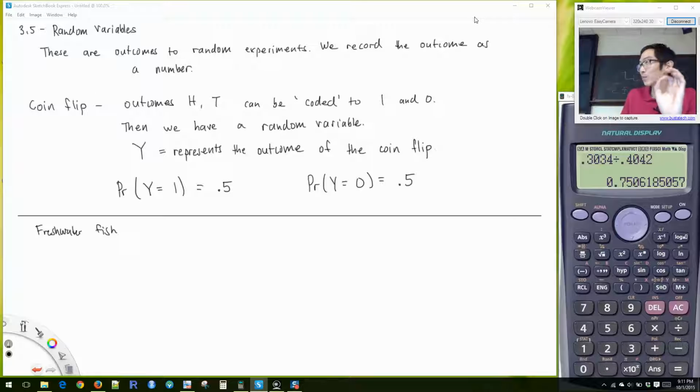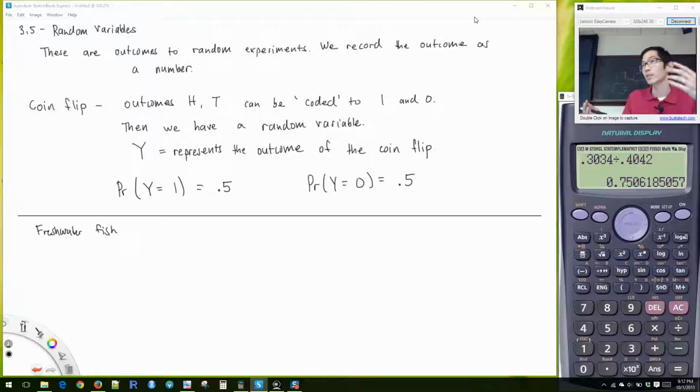We're going to count how many vertebrae are in its back. So we're going to have to kill and cut open the fish and count how many vertebrae there are. So that number of vertebrae is a random variable because there's a random process of selecting a random fish, and then we're recording our results, which is a number, the number of vertebrae.